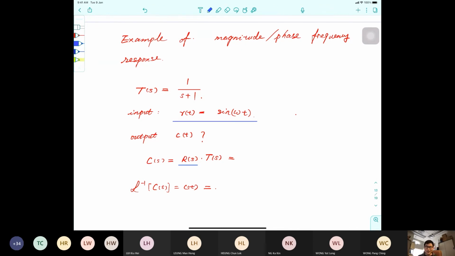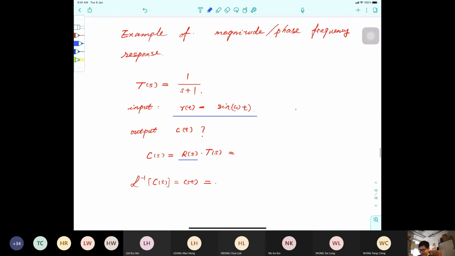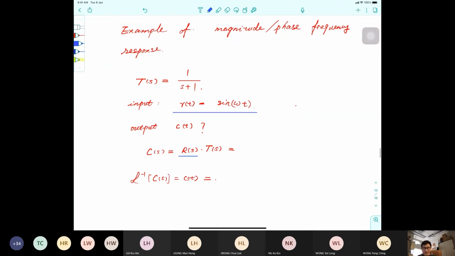How did you get omega? Yes, you are right. So R(s) is omega over s square plus omega square, right? We normally put s square plus omega square in the denominator. This is the input. Transfer function 1 over s plus 1.